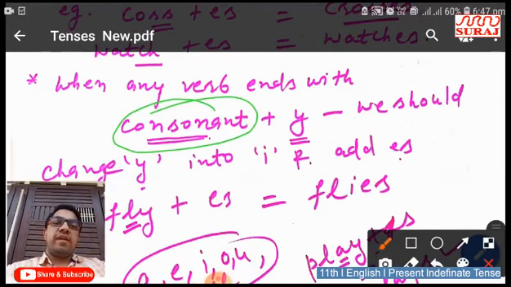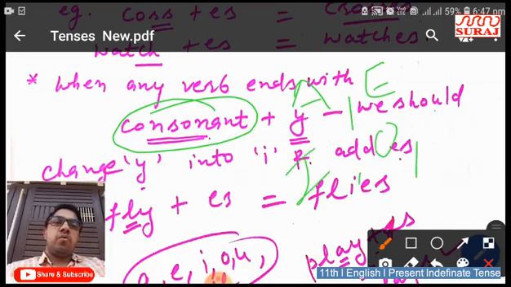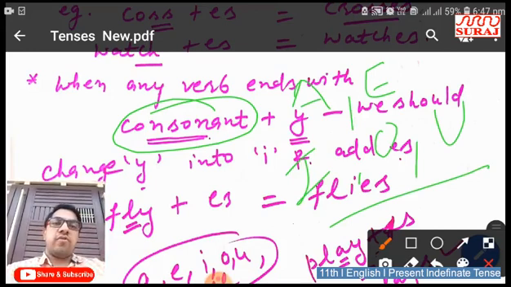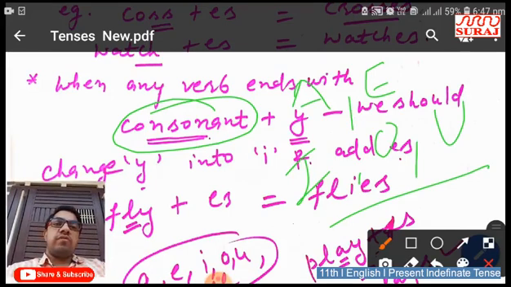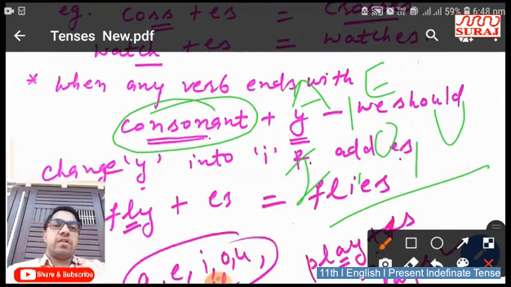You know very well that in English a, e, i, o, u are called vowels, and the rest of all we should count into the consonant category. Okay, if we find consonant plus y in any verb, and we are going to add s or es, then we should follow this rule.